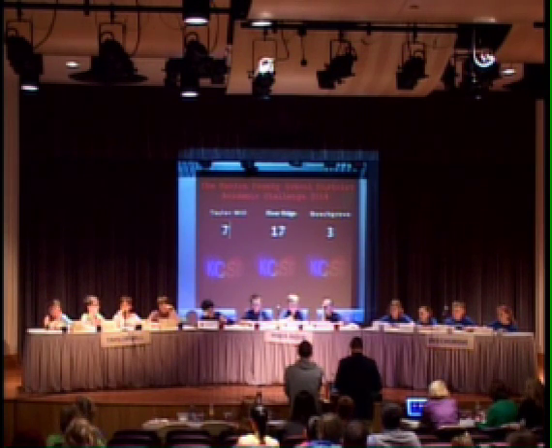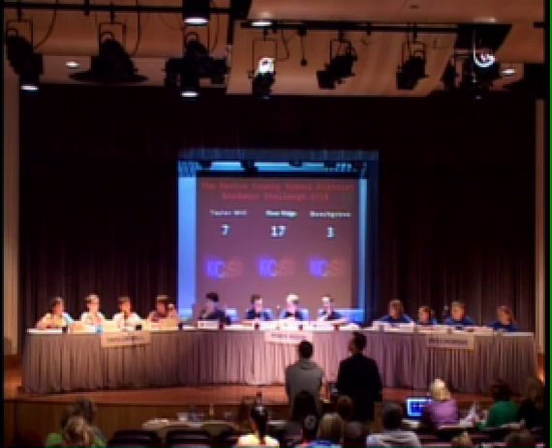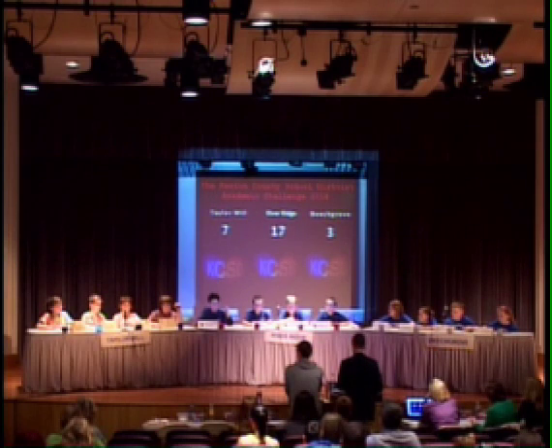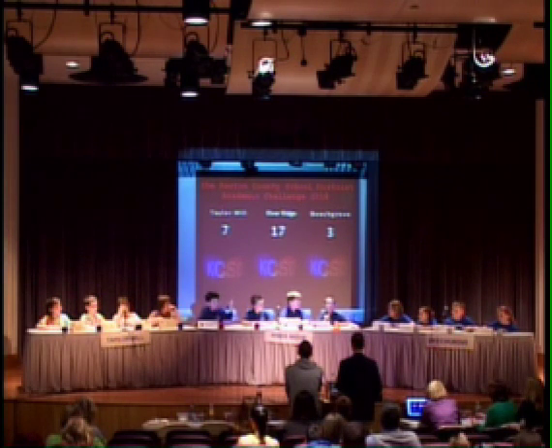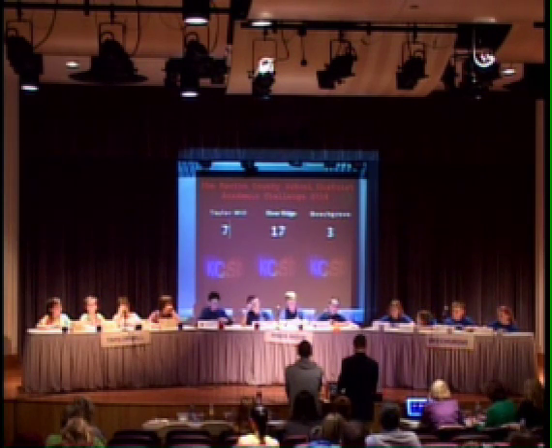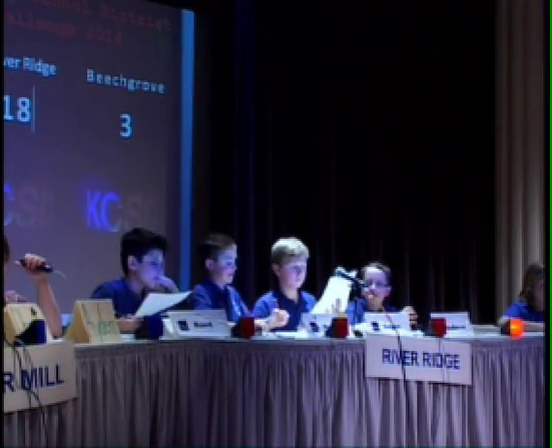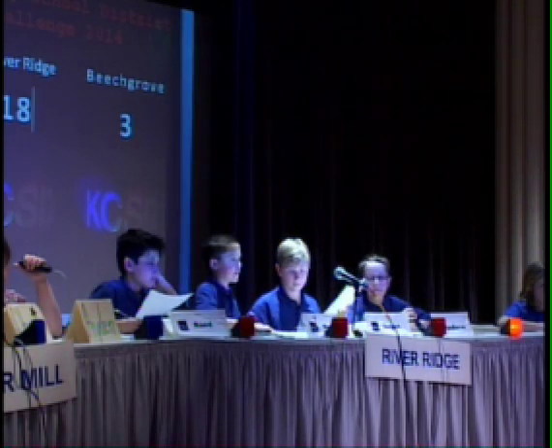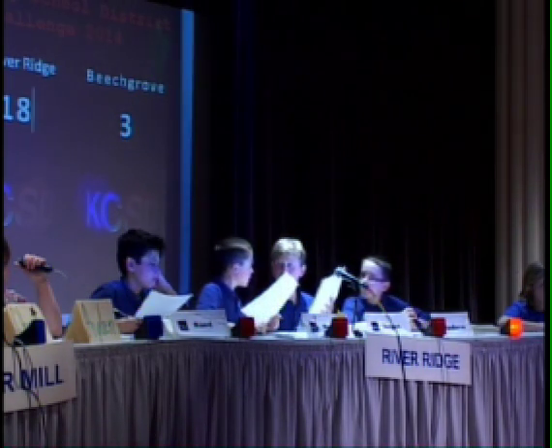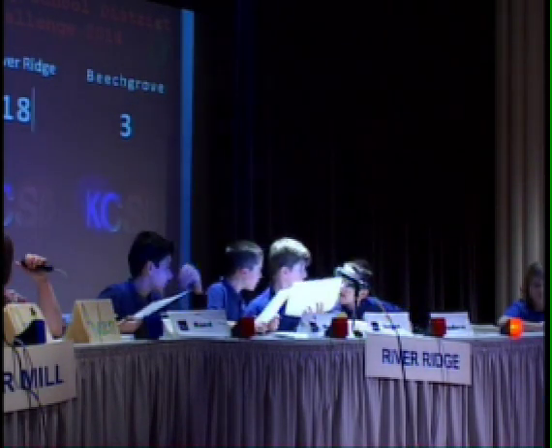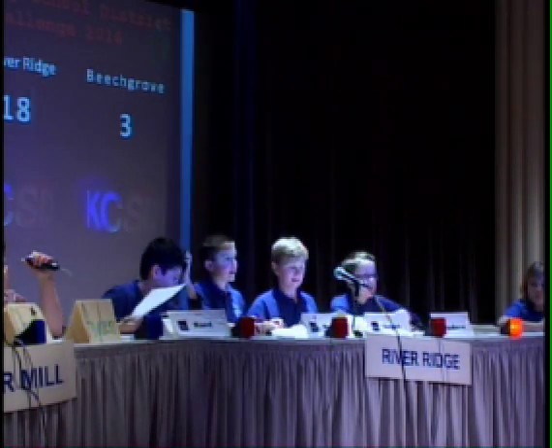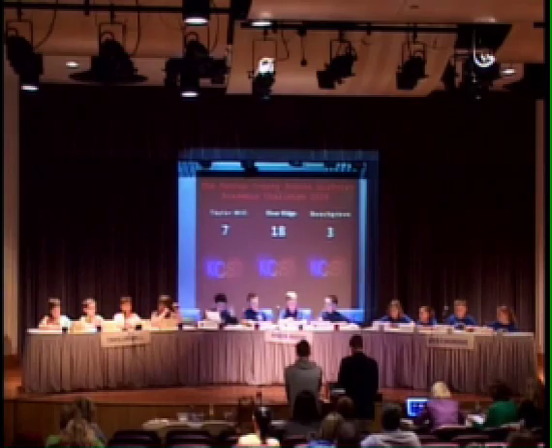Toss-up 24. What term refers to the distance around a circle? Taylor Mill Nick. Radius. Incorrect. River Ridge Andrew. Circumference. That's correct. Bonus 25. Identify the type of seed plant whose seeds are covered by a protective wall. Seaweed. Incorrect. Angiosperms.